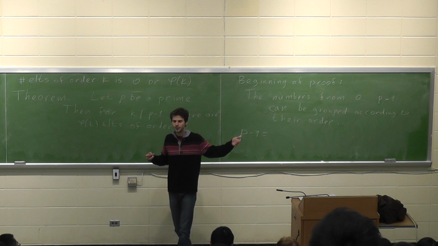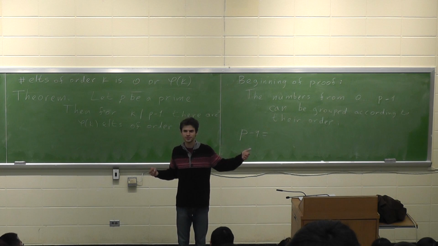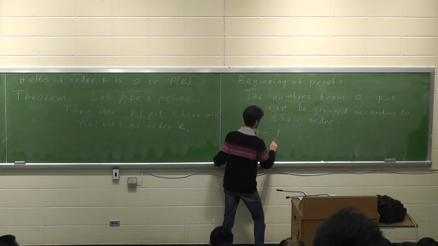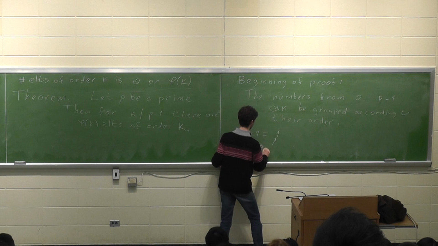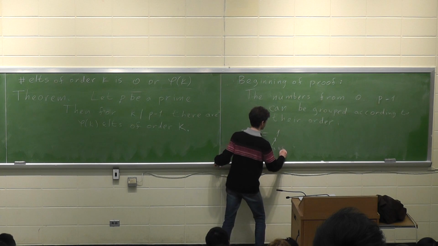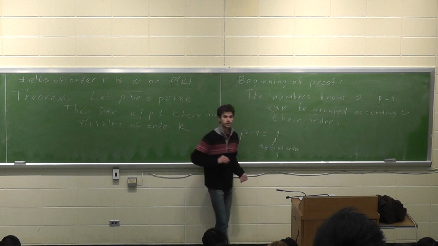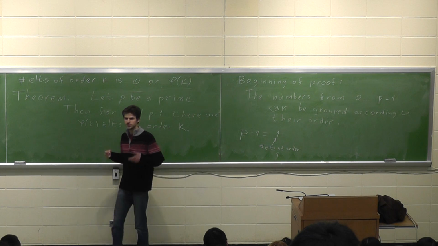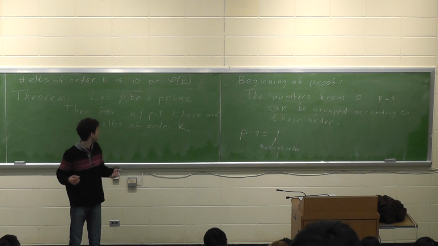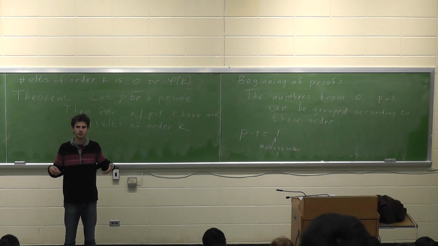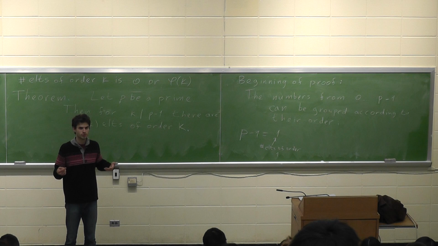there is some amount of elements of order 1. What are they? Well, just the element 1 is of order 1. So this is the number of elements of order 1. Then you fix some divisor k of p minus 1, and you get some number of elements of this order.